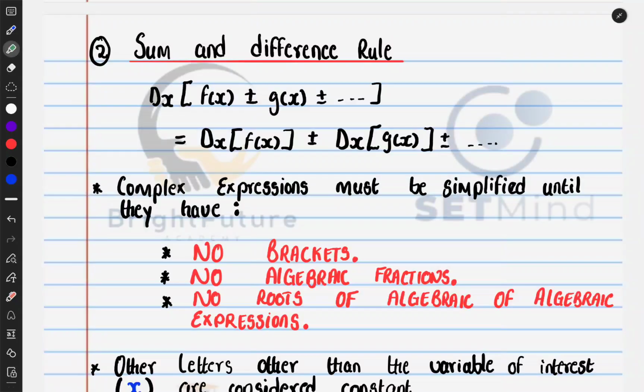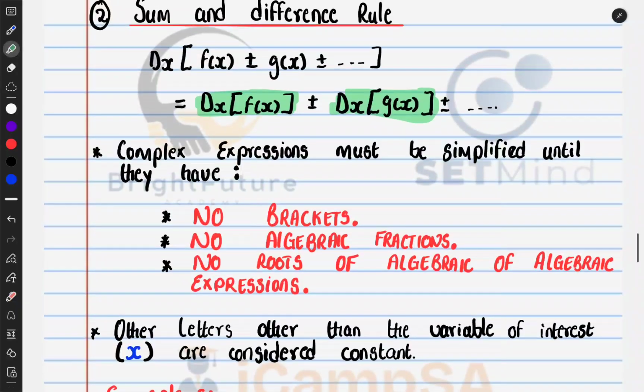Let's say you have the function f at x plus or minus the function g at x, and you are asked to differentiate both of those functions with respect to x. What you're going to do is differentiate the function f at x with respect to x individually, and then also differentiate the function g at x with respect to x individually.